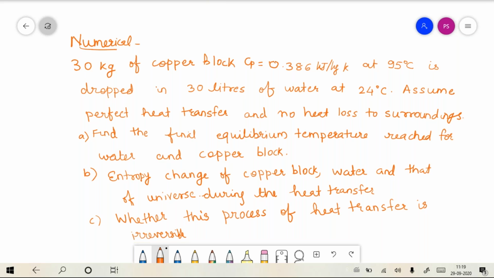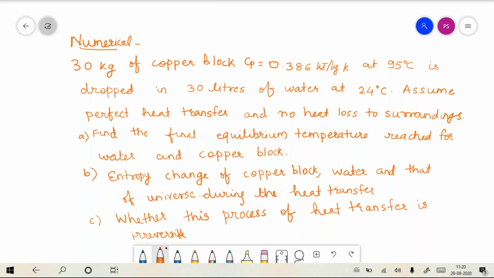That copper block is dropped in 30 liters of water, and that water is at 24 degrees centigrade.